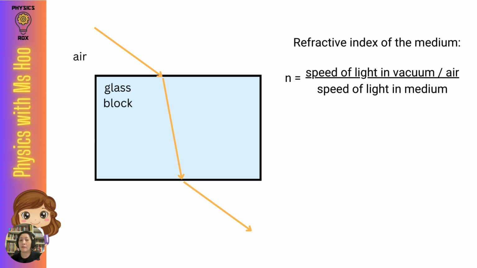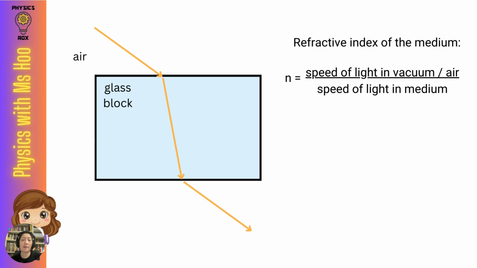If you are wondering, can we compare the refractive index of one medium to another, like from glass to water, or comparing water to oil, for example? It is possible, but that's not something we learn at IGCSE level. That's something you will learn at higher levels. So for now, at IGCSE level, we just focus on comparing the medium against air.